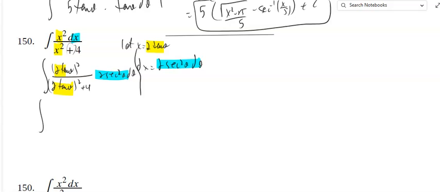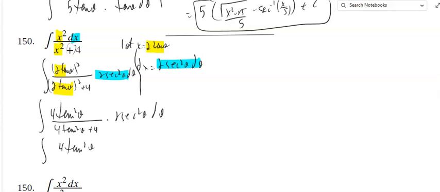So this is the integral of 4 tangent squared of theta over 4 tangent squared of theta plus 4. If I factor 4 out of the denominator, I notice that tan squared of theta plus 1 is really, actually, we have plenty of room.